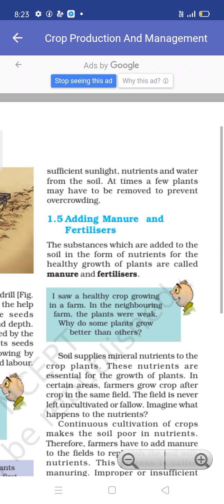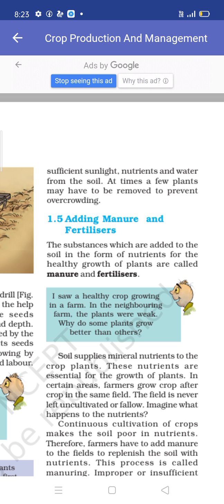Okay, soil also supplies mineral nutrients to the crop plants. When the soil quality is very good, for the proper growth, the soil also needs water, pure good quality water.